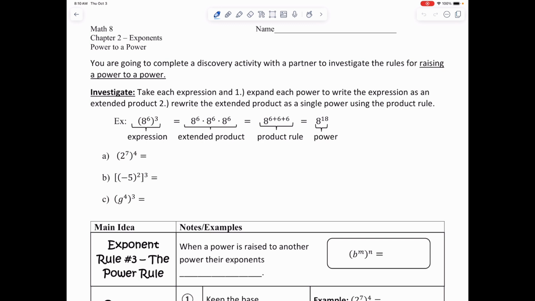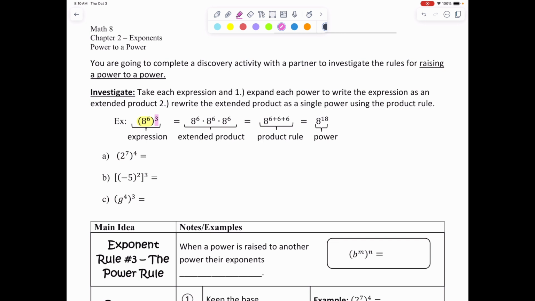So this one's just slightly different. It starts similarly. Take each expression and expand each power to write the expression as an extended product. Rewrite the extended product as a single power using the product rule. But what's different about it is if you look at the expression that we first have here, 8 to the 6th, and then raised to the third power.